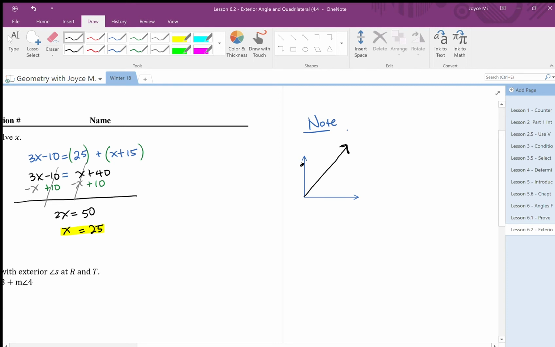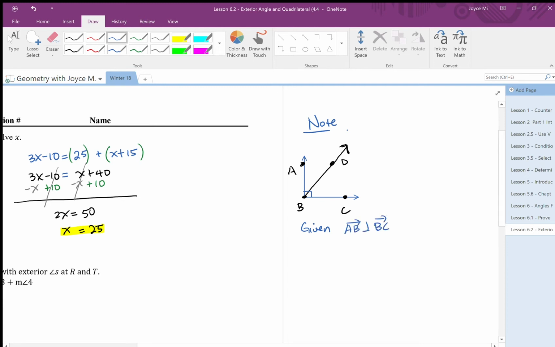Let's say this point is A, this point is B, this point is C, and this point is D. By looking at the picture, if I know this is perpendicular, say you're given that AB is perpendicular to BC.